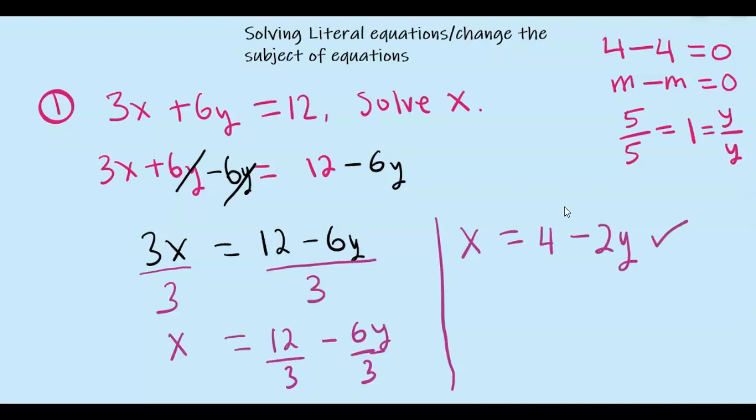This is our final answer. We have been able to make x the subject of this equation, or solve for x in this equation, and that gave us this in a simplified form.